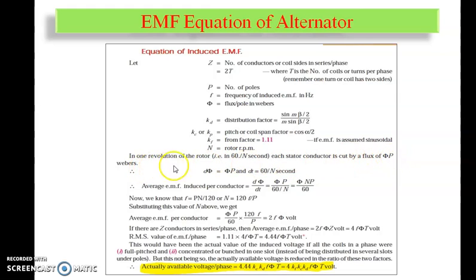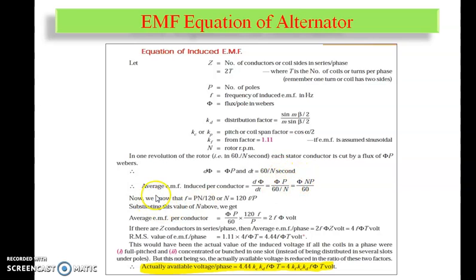Suppose my alternator starts rotating. If the rotation completes one revolution, then the stator conductor is cut by the flux of phi P webers, because the flux is already placed in the field circuit. Therefore d phi equals phi P and dt equals 60 by n seconds.